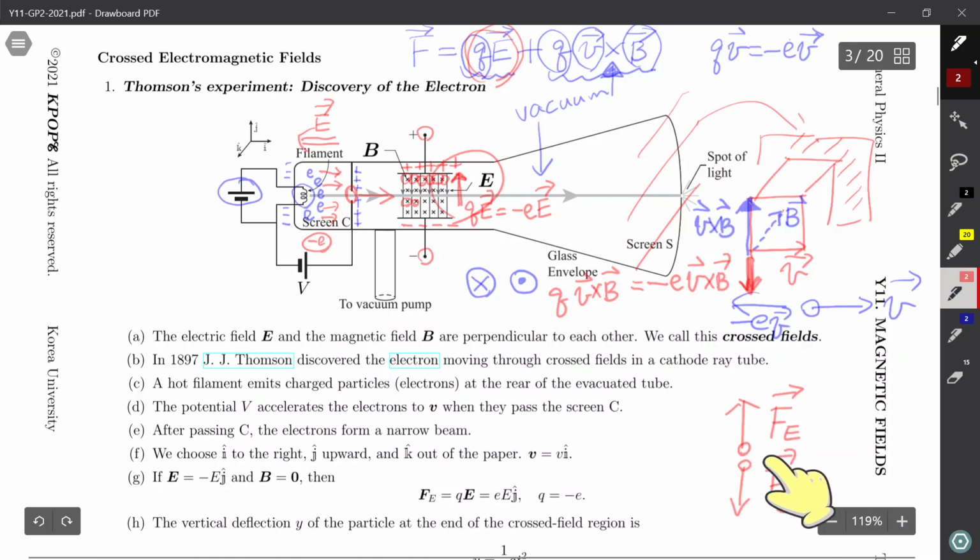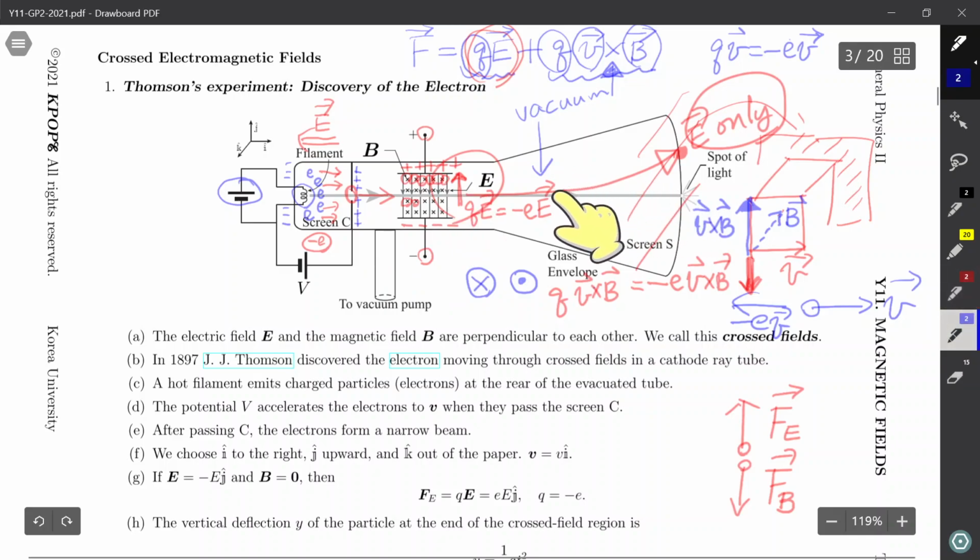If we turn off the magnetic field, the electron will deflect to this position, due to E only. If we turn on the magnetic field, the magnetic force attenuates the deflection. And if the magnetic force is strong enough, B strong, it will go down.